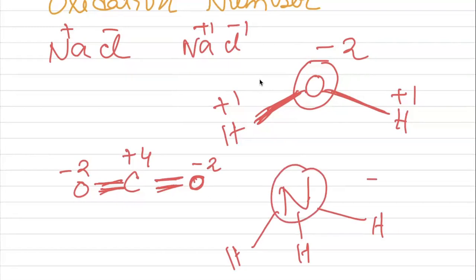Then nitrogen will pull the electron towards itself through this bond, this bond, so it will have a negative charge. So 3 negative charge, the oxidation number will be -3. And obviously hydrogen will have +1 because they are giving their electron towards nitrogen, because nitrogen is more electronegative. Clear?